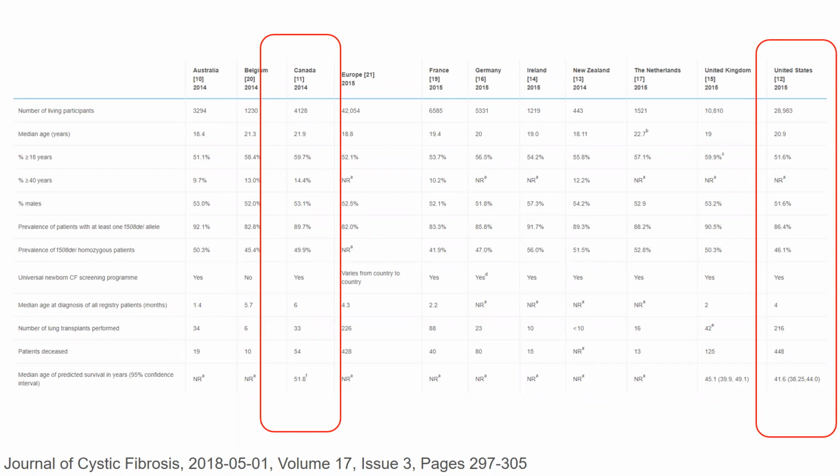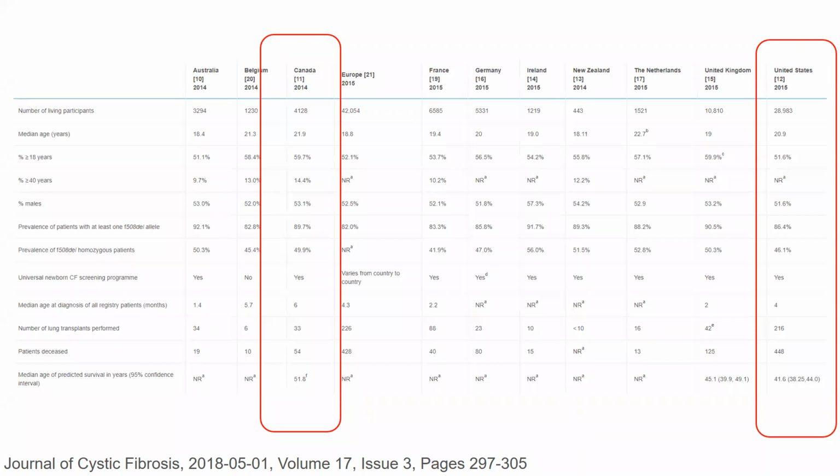And what I think is interesting when we compare Canada to the United States with cystic fibrosis is they're roughly diagnosed around the same age, at least by newborn screening. They both have newborn screening, and the median age of diagnosis in Canada would be 6 months versus 4 months. But the median age of predicted survival is actually quite different between the two countries. So 51.8 years versus 41.6 years, which is almost 10 years between two neighboring countries that both have a universal screening program with the development of these CF centers and this multidisciplinary approach.